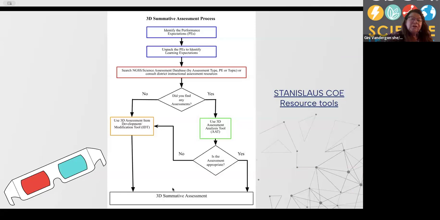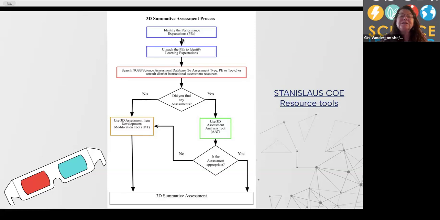But what happens if you're looking at an assessment that you're not sure about? Well, there are some resources on Stanislaus that help break down how to look at the assessment as an educator and see whether this aligns with what your expectations are for your students after you finish a lesson.